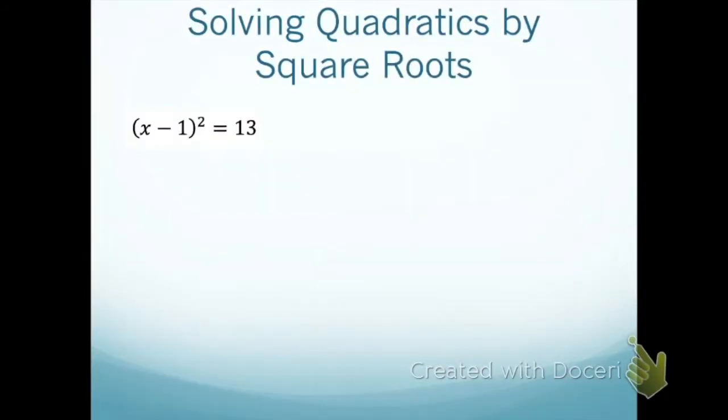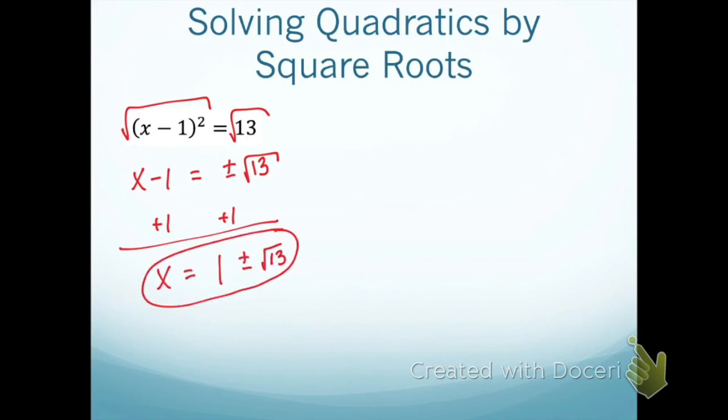For the next problem, we're going to start by taking the square root of each side. So we get x minus 1 equals plus minus square root of 13. And then next, all I need to do to get x alone is to move that 1 over. So instead of writing this twice, once set equal to a positive square root 13 and once set equal to a negative square root 13, I'm just going to add that 1 over and leave the plus minus square root 13 like it is.